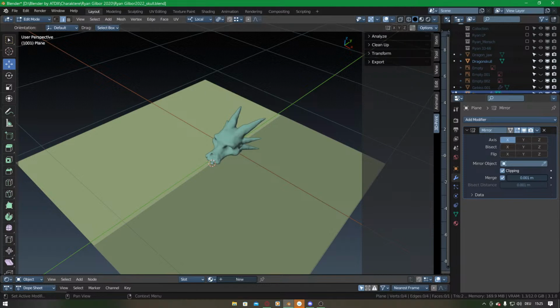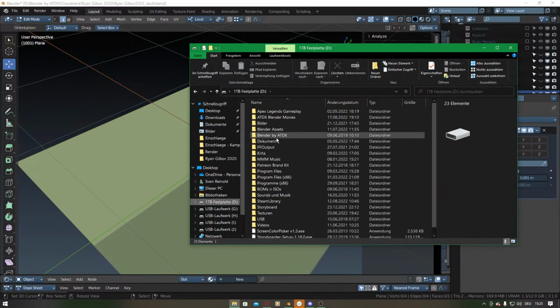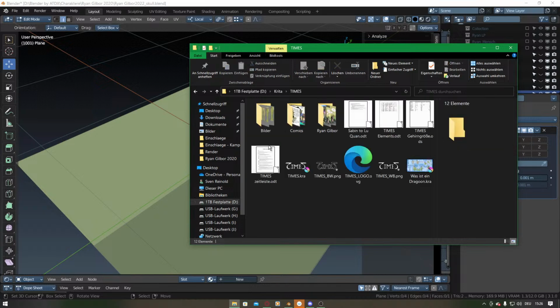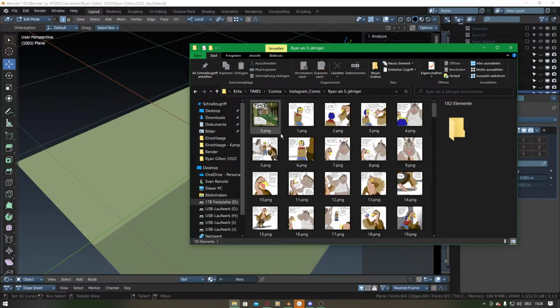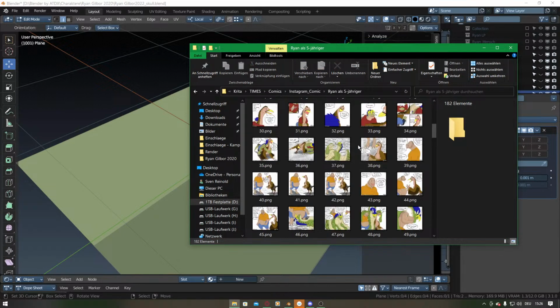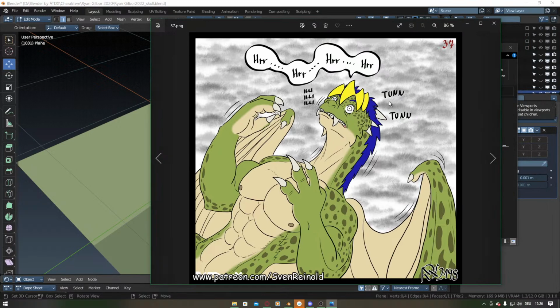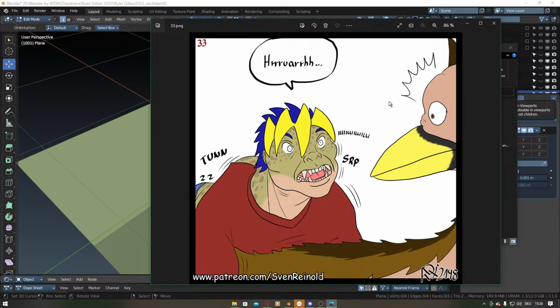If you don't know what puranium is, I'll just show you what puranium looks like, because I made comics of it, and there he is actually, just transforming.